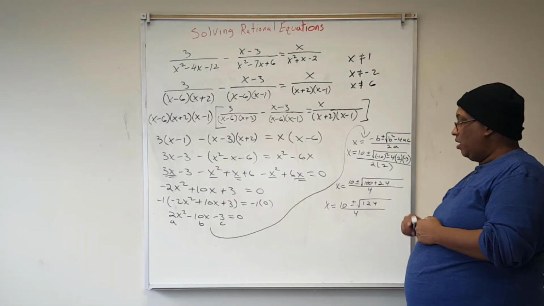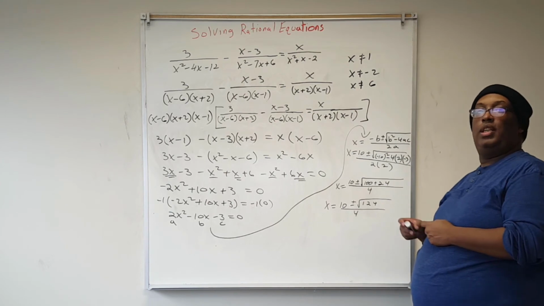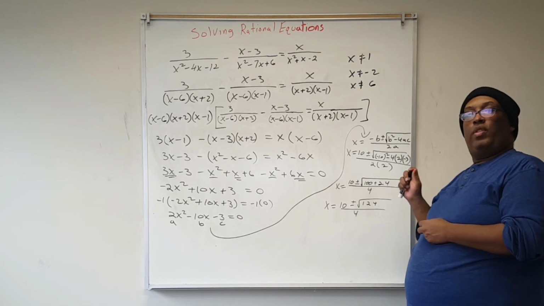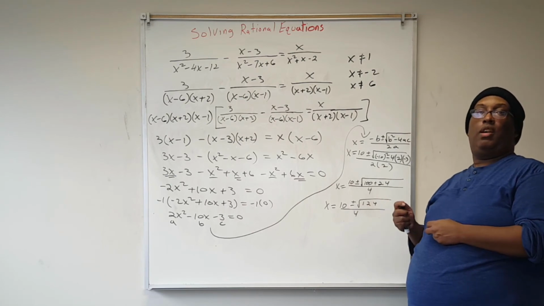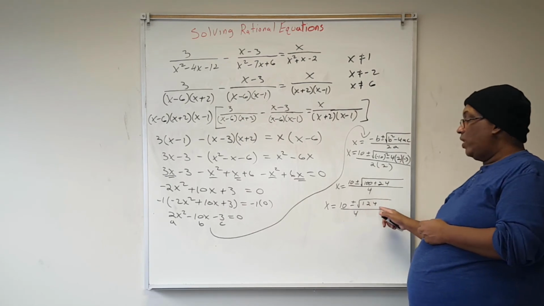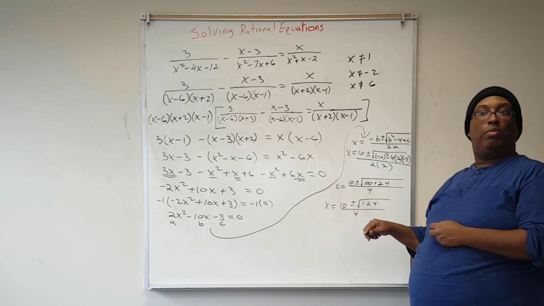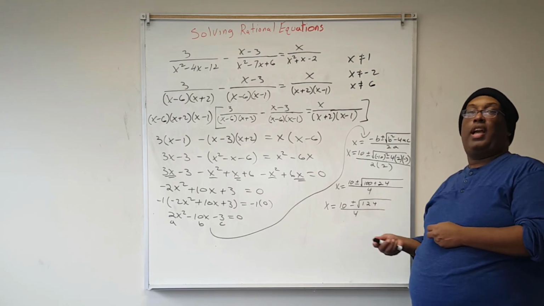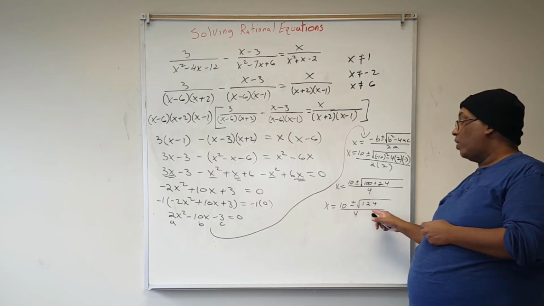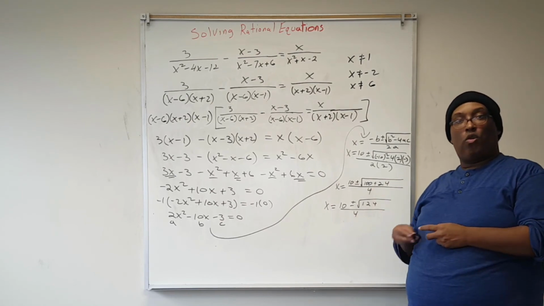Okay, here we can find if a number is divisible by 4 by taking half of it and seeing if it's even. 124, if I take half, that's going to be 62. 62 is even, that means I could take half again, or I could divide 124 by 4.